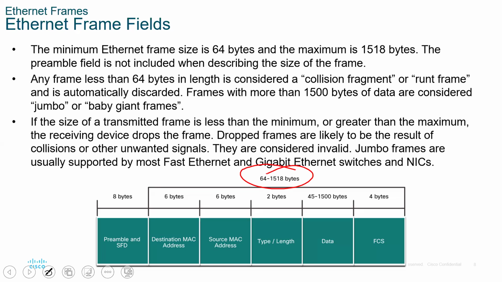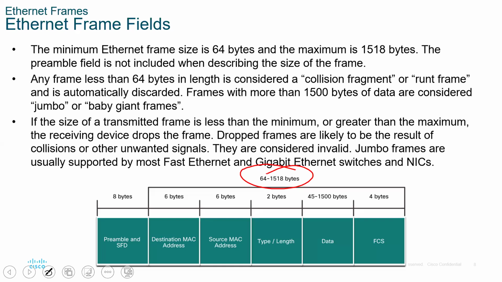The preamble field is not included when describing the size of the frame, but any frame less than 64 bytes in length is considered a collision fragment, or sometimes we call it a runt frame, okay, and is automatically discarded. So anything less than 64 will be discarded.